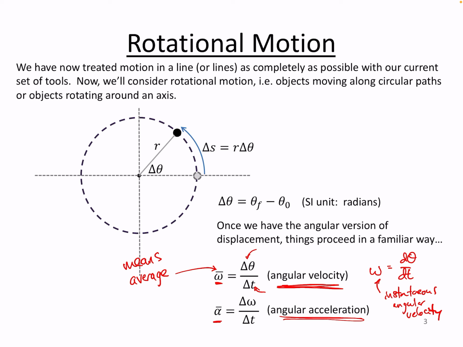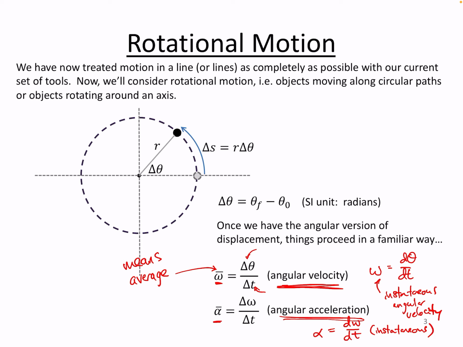So how quickly is the angular velocity changing? That will give you the angular acceleration. And likewise, the instantaneous angular acceleration is the time derivative of whatever function is telling you the angular velocity.